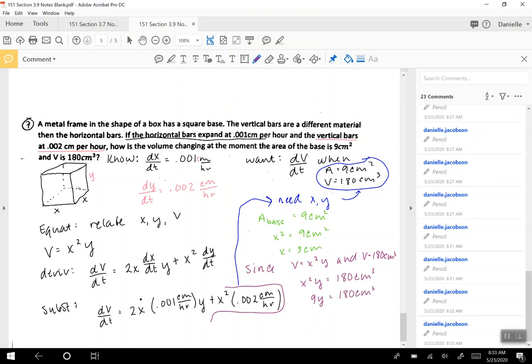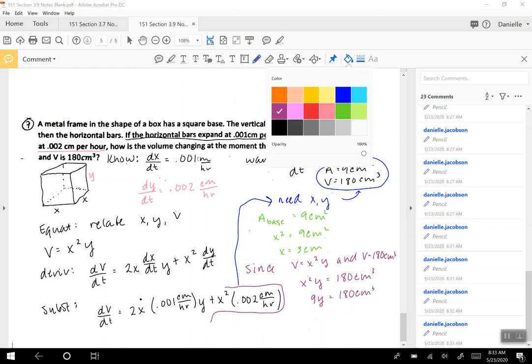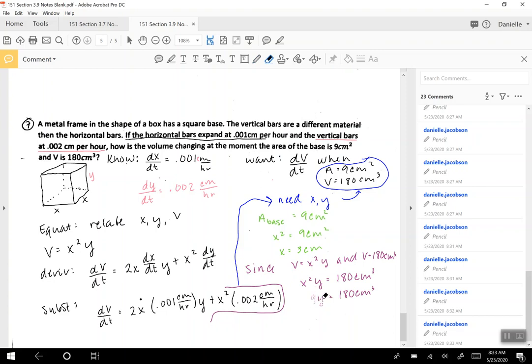Technically, this is centimeters squared because my x squared was centimeters squared. So we have 9 centimeters squared times y is 180 centimeters cubed. So y equals 180 divided by 9, which is 20. That'd be centimeters, because centimeters cubed divided by centimeters squared is left in centimeters, and that makes perfect sense because y is a side length, so our units look good.